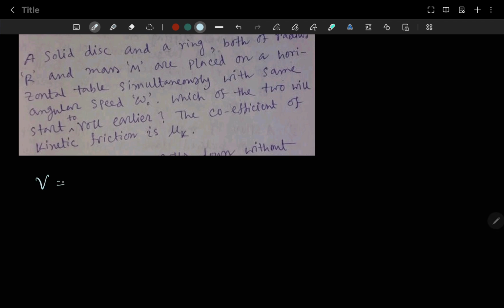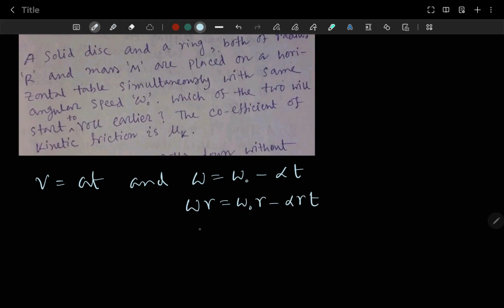So V will be equal to at, okay, and omega will be omega 0 minus alpha t. So omega r will be omega 0 r minus alpha r t. So it will have V equals omega 0 r minus alpha r t.